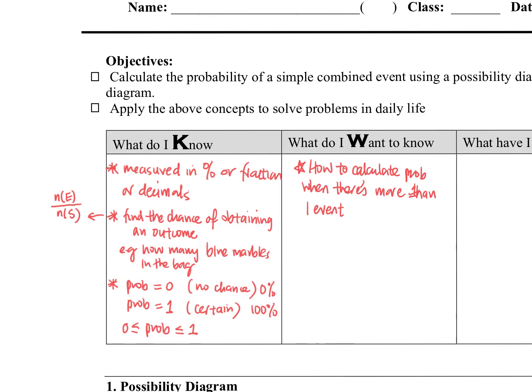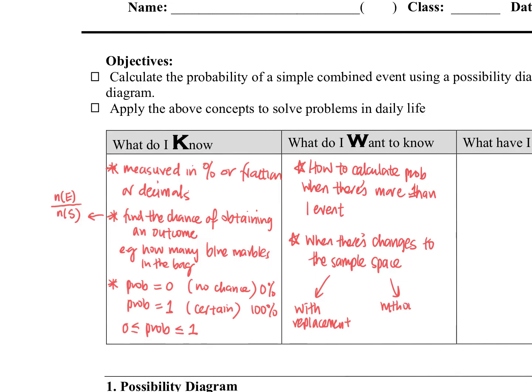That's why we will learn about the different outcomes. How do we calculate probability when there's more than 1 event? Okay, or when there are changes to the sample space. For example, with replacement or without.